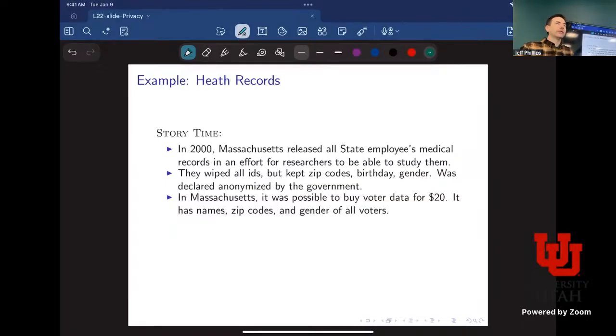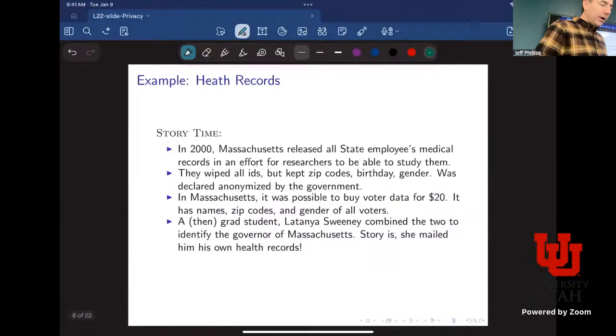This is important for keeping elections fair and honest. You want to be able to check if your vote was counted. You can go down to the office and see if your vote was counted. And this information included the names of individuals and also where they were, to say which precinct they were voting in, and also included information about their gender.